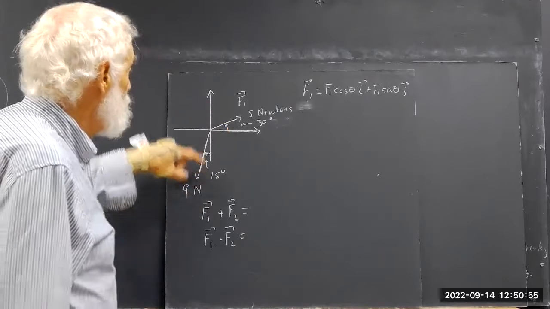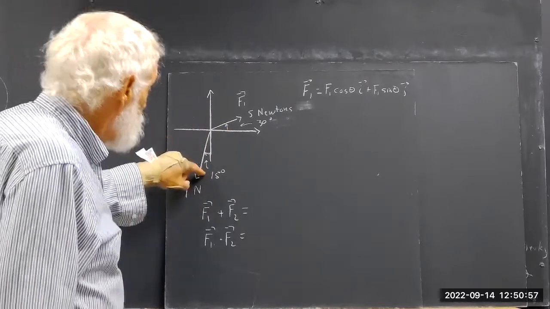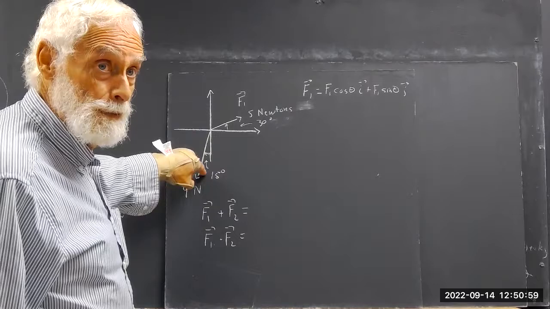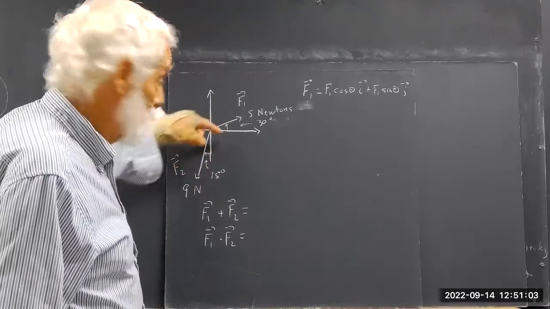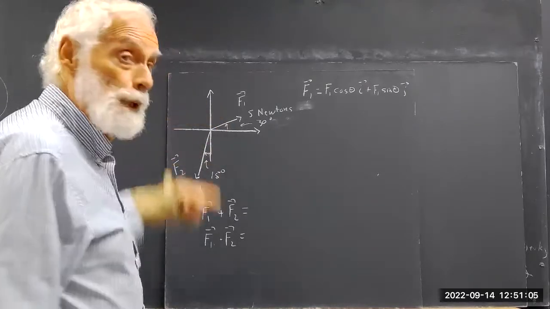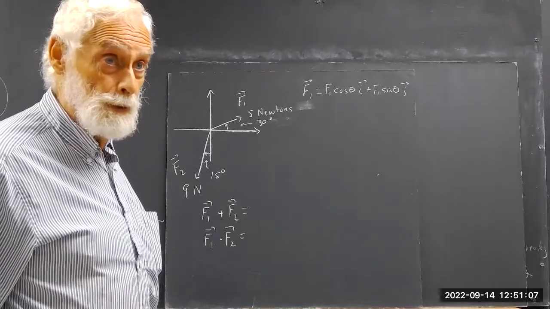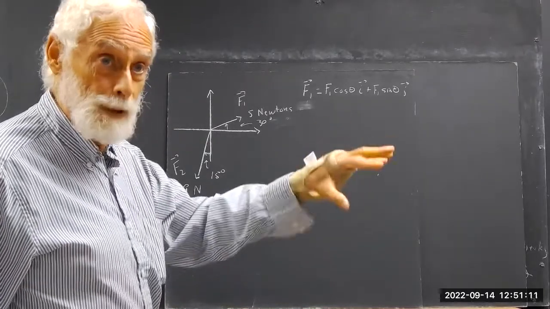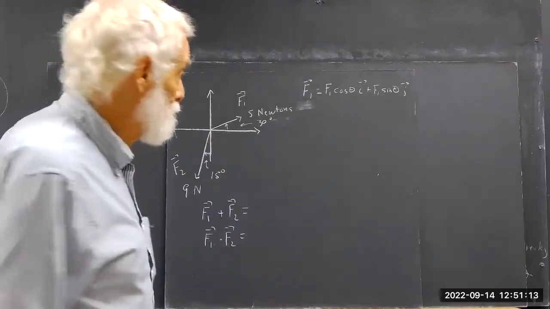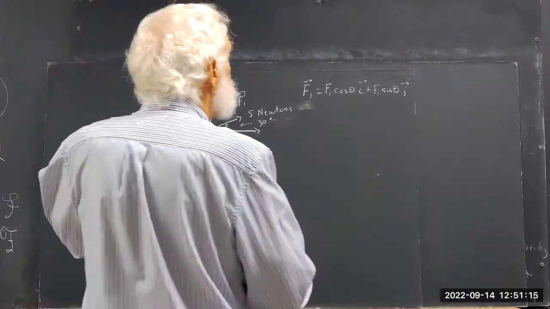So for example, when we do F2, we're not going to use 15 degrees for the angle. We're going to use 255 degrees, because that's what it is if you start at the positive x-axis and go counterclockwise. That automatically takes care of the plus and minus signs, not trigonometric signs.